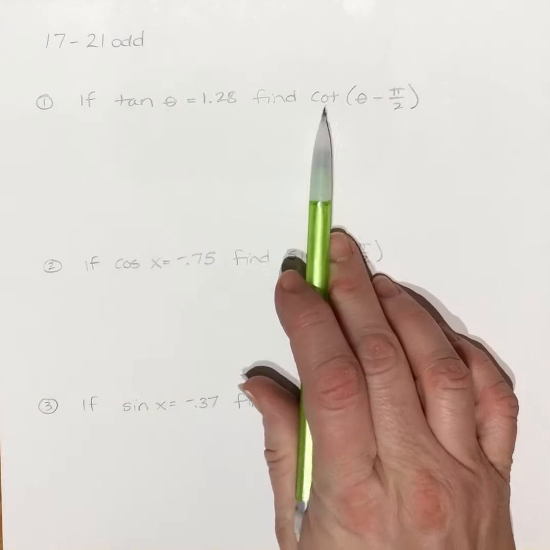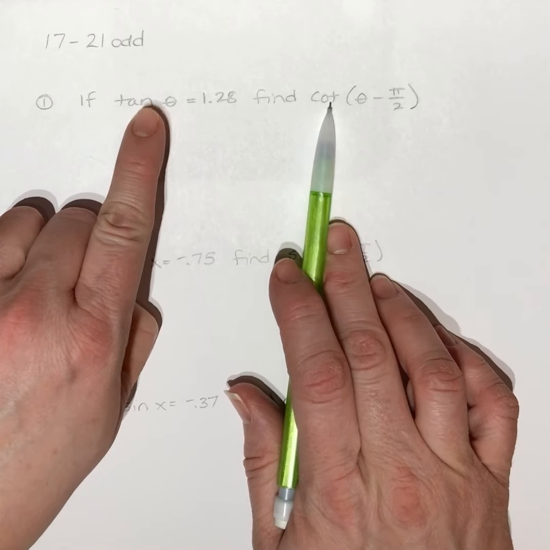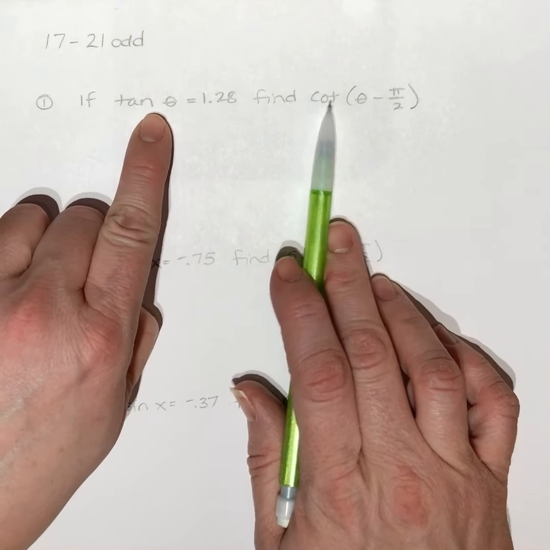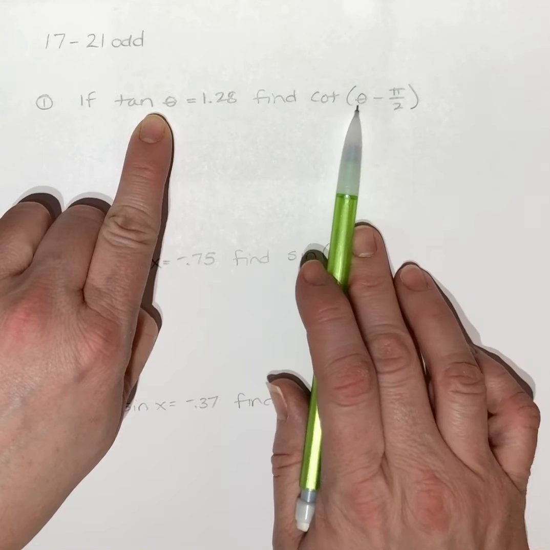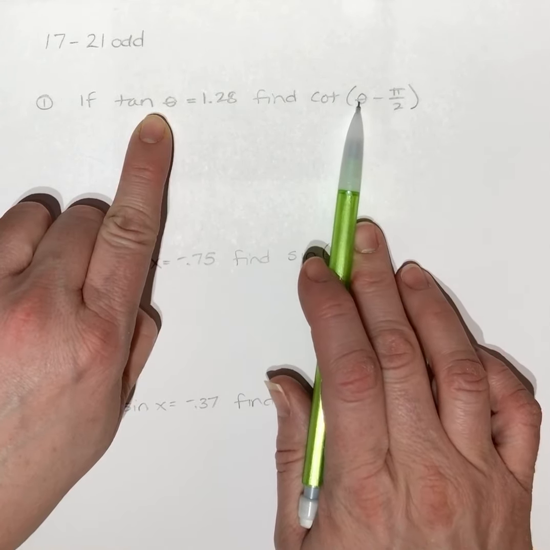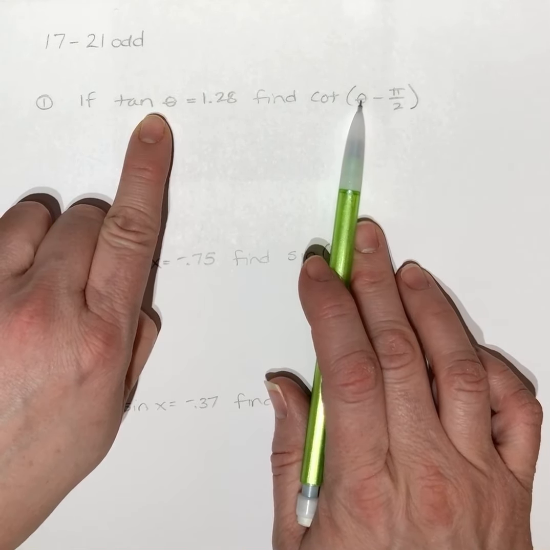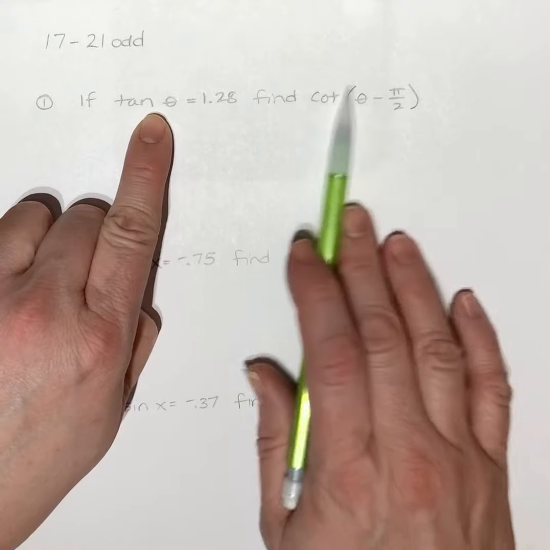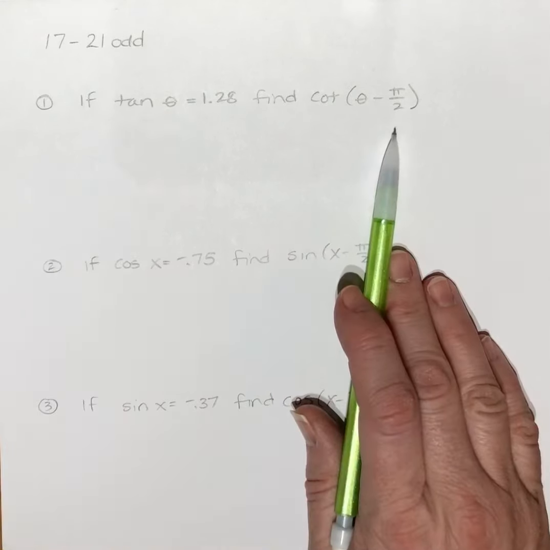Tangent and cotangent are going to be the same for complementary angles. But if you notice, these are switched. Complementary angles, the 90 or the pi halves has to be first, okay? So then you have to use the fact that this has been switched. So we have to change the sign of this, okay?